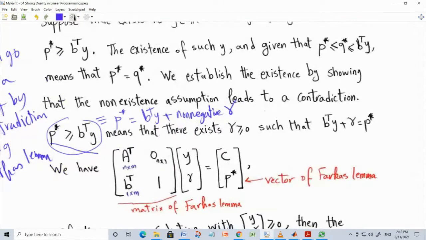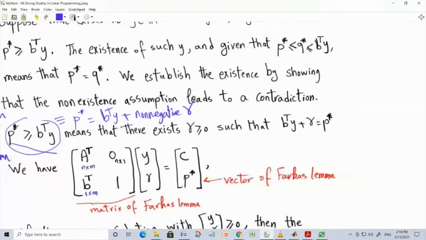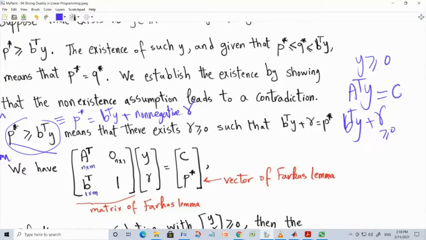And so we can combine the constraints on vector Y in this form: Y greater than or equal to 0, A transpose Y is equal to C, and B transpose Y plus gamma, which is non-negative, is equal to B star.